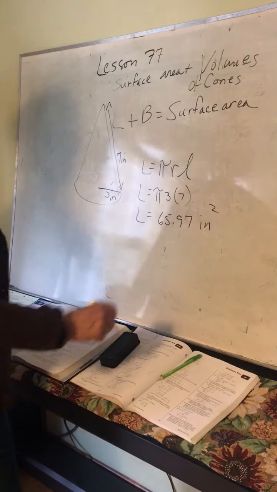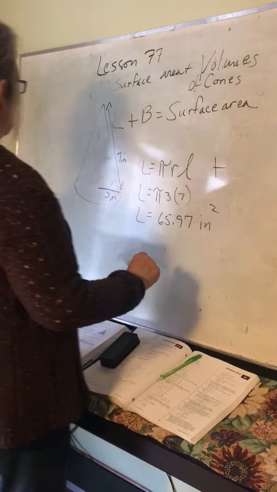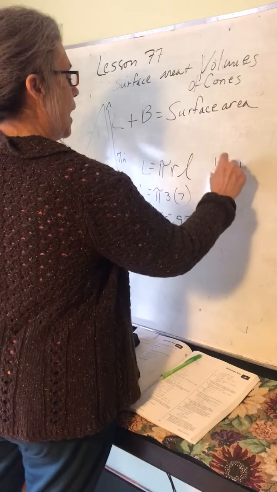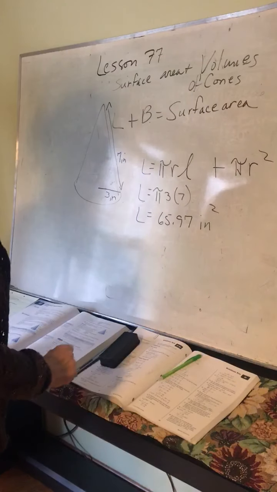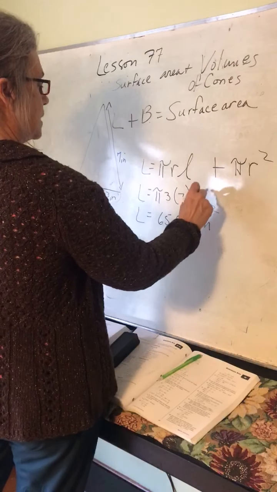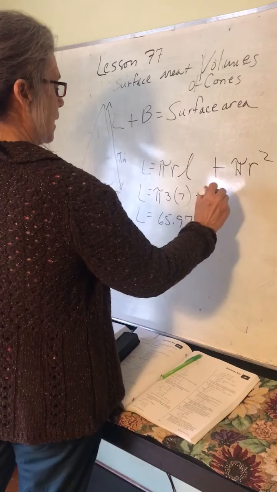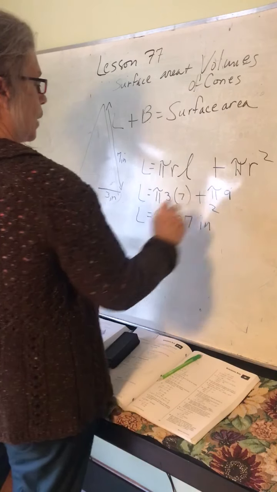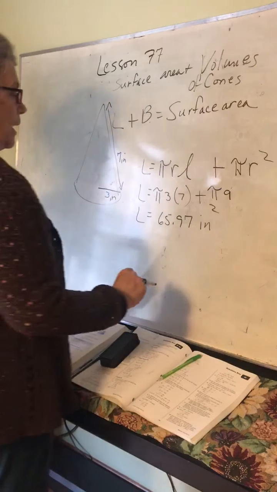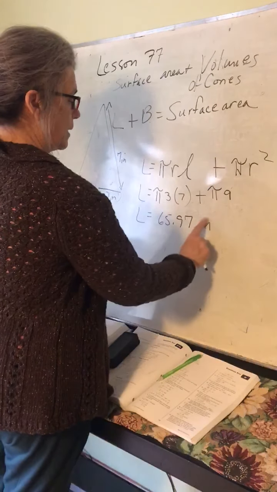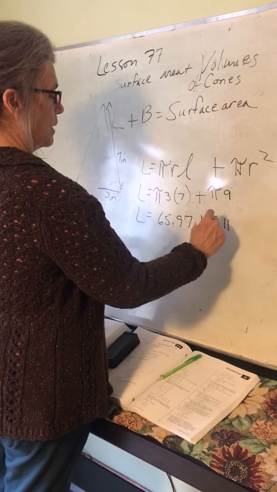The area of the base is pi r squared, so this would be plus pi r squared, or pi times 3 squared, which is 9, and then that would be added to this, whatever that ends up being.